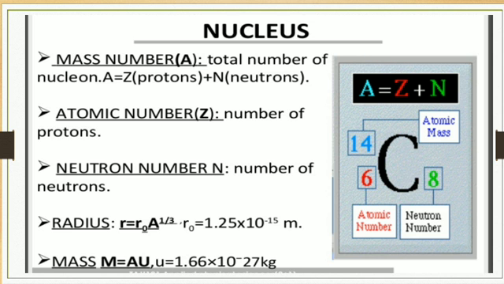The mass number is the sum of protons and neutrons.